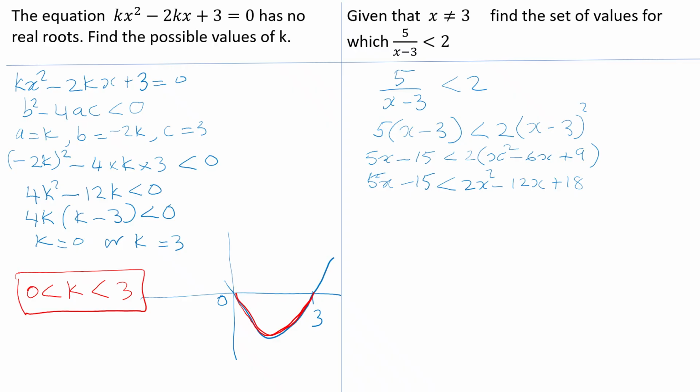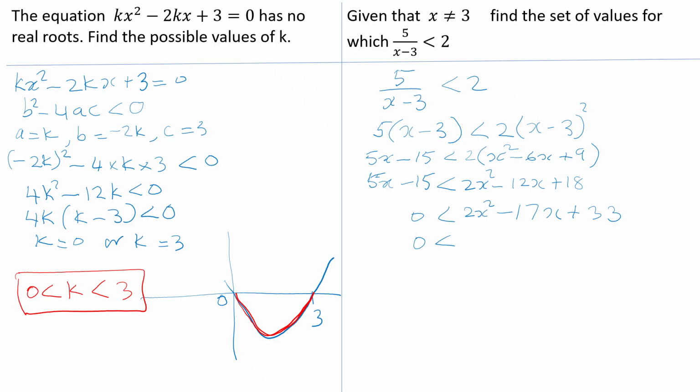Now rearrange. So 2x squared, moving to the other side, negative 5x, negative 12x, negative 17x. Moving to the other side, positive 15 plus 18 is positive 33, less than 0. Now factorize this one.